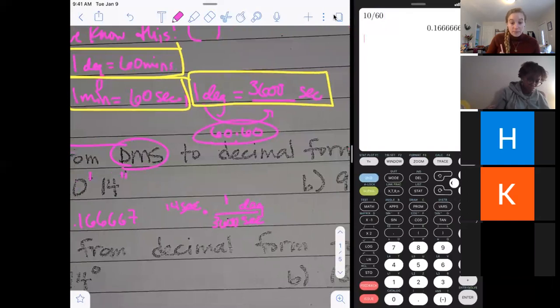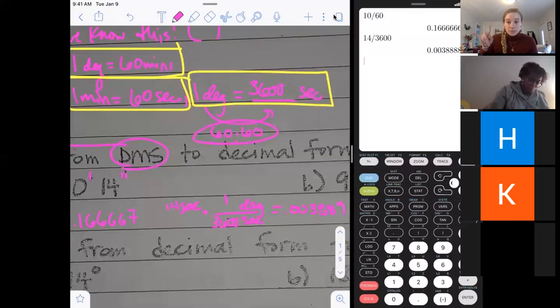So it's like 14 times 1 divided by 3,600. 14 divided by 3,600 is going to be another kind of crazy decimal, 0.0038889.